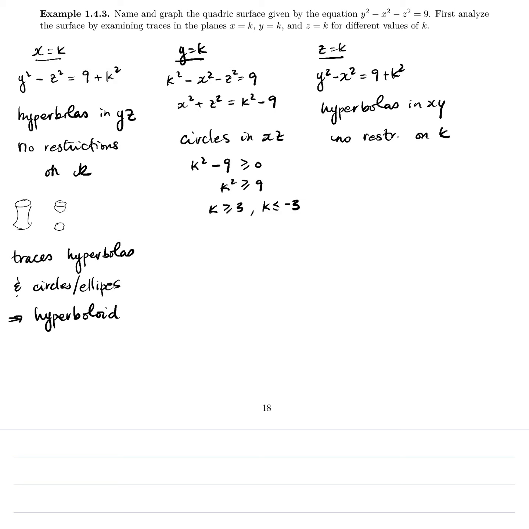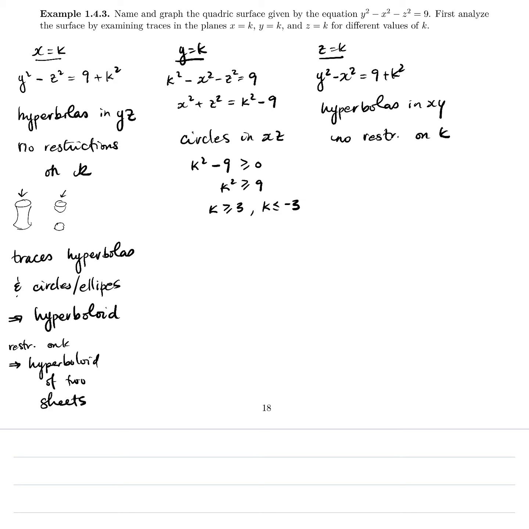Of course, I said those backwards to what I was actually drawing. This is the hyperboloid of 1 sheet. This is the hyperboloid of 2 sheets. The hyperboloid of 1 sheet has no restrictions in any direction. The hyperboloid of 2 sheets does, and because we've got restrictions on k, that tells us that we must have the hyperboloid of two sheets.